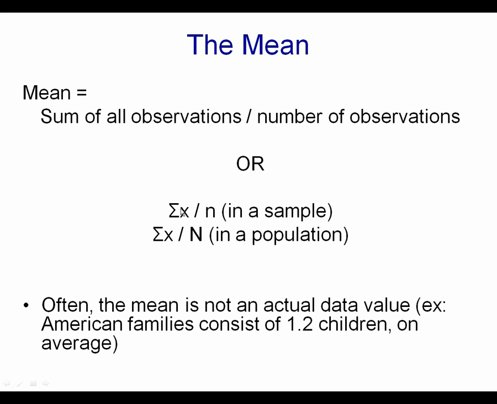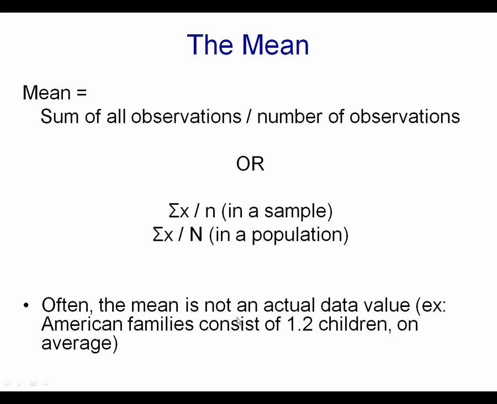So the sum of all x's in a sample, we use the small n, and in a population, we use the large N to describe the number of observations. So if we are asking a researcher how many people they had in the experiment, he might say that they had an N of 200. That's the way that is used.